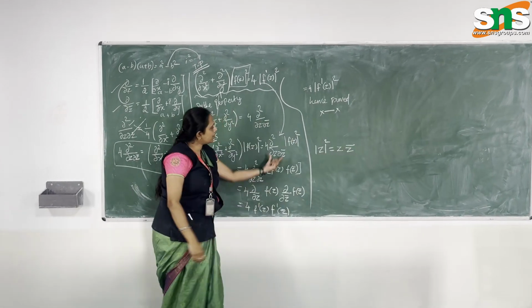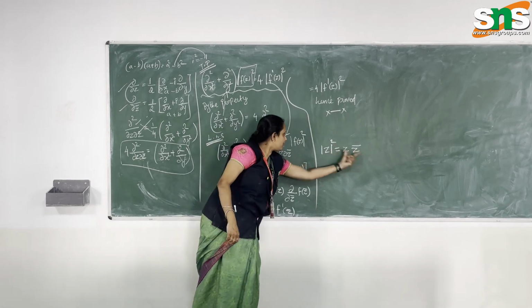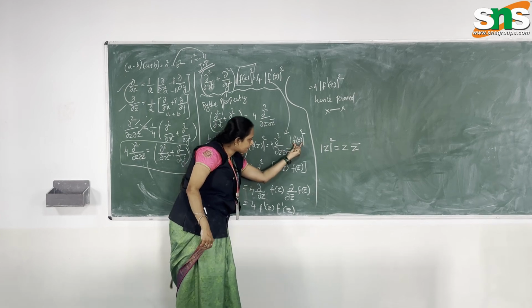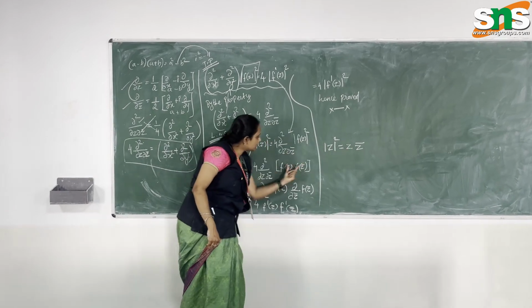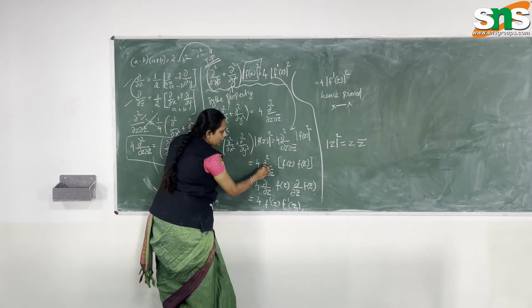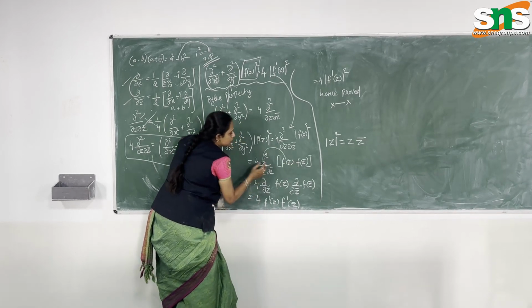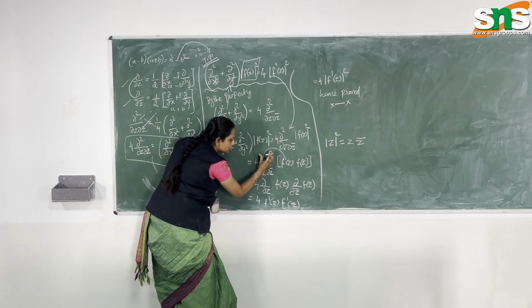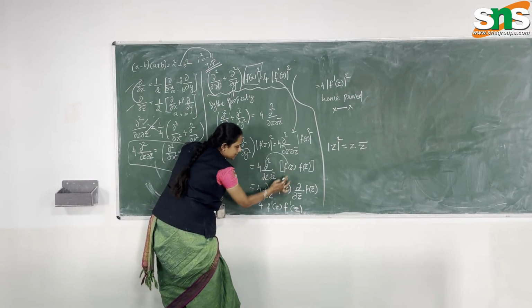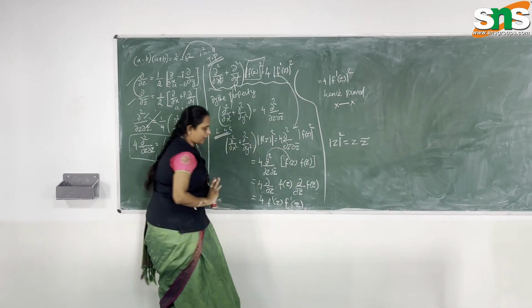So here modulus f of z square is f of z and f of z̄. Then we have to multiply this into this. Okay. So then we have to split ∂²/∂z∂z̄, that is ∂/∂z of f of z, ∂/∂z̄ of f of z̄.